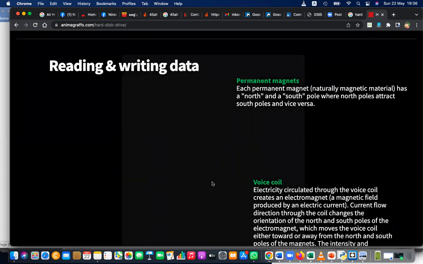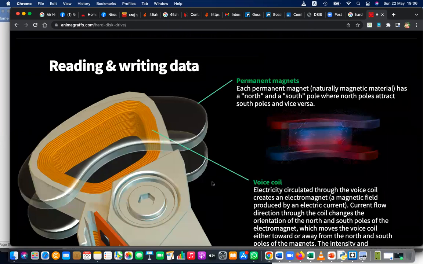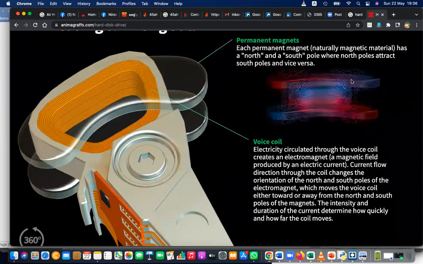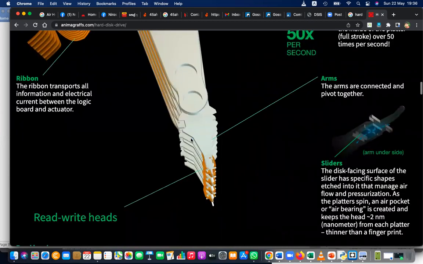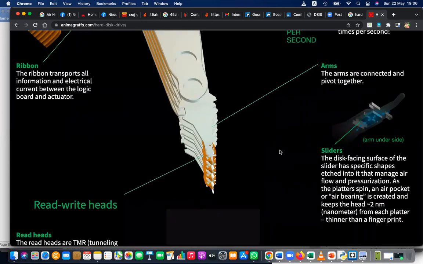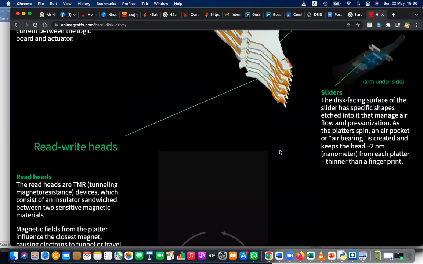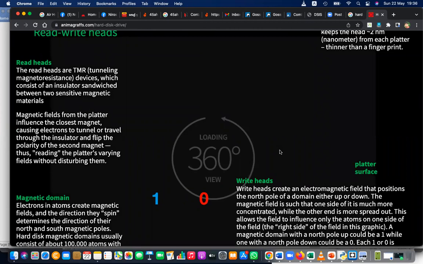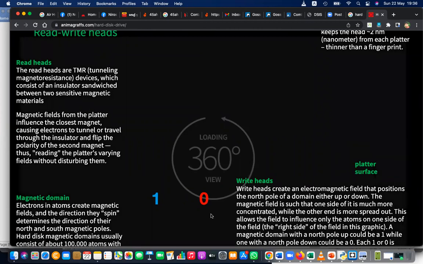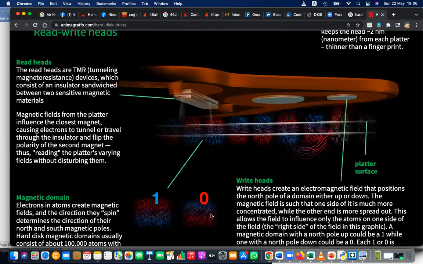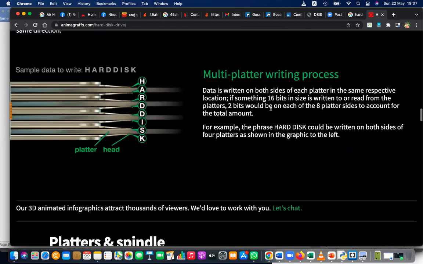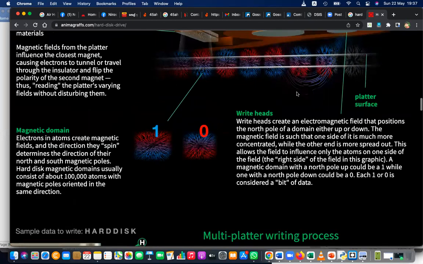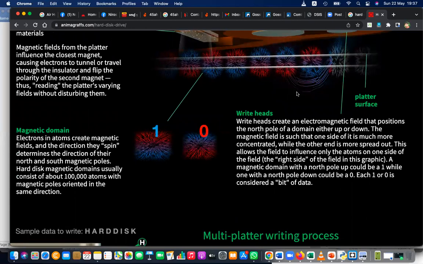Just understand the hard disk, and then the remaining part will be easy. There are two magnetic states, north and south, and these two magnetic states are transferred to the head, and the head magnetizes the platter. These two states represent 1 and 0 respectively. You can see here, the head is magnetizing the platter. By magnetizing, it stores data onto the platter.